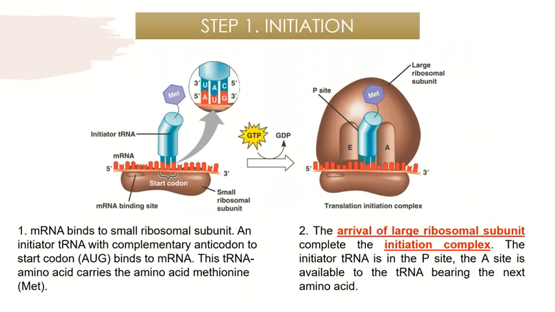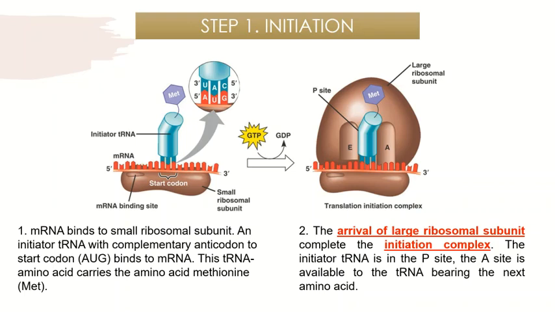Similar to transcription, translation can also be divided into three main stages: initiation, elongation, and termination. For the first step, initiation, these are all the components needed to start translation, where the mRNA will bind to the small ribosomal subunit first.